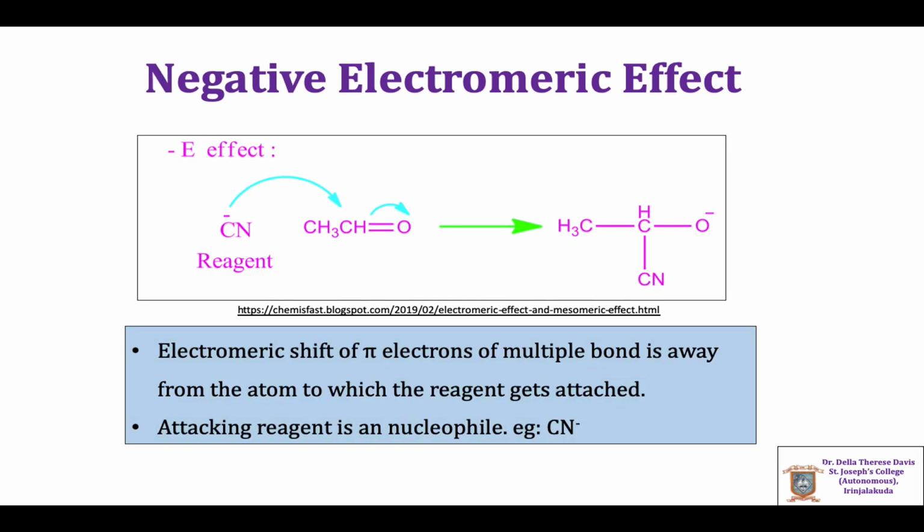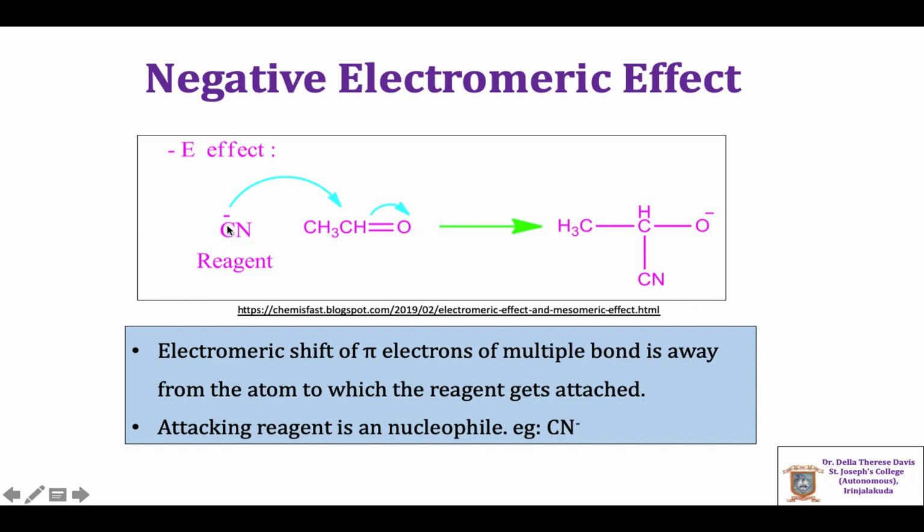Next is negative electromeric effect. In negative electromeric effect, the electromeric shift of the pi electrons of the multiple bond is away from the atom to which the reagent gets attached. This happens when the attacking reagent is a nucleophile. The addition of CN minus to a carbonyl bond is shown here: CN minus plus acetaldehyde giving a tetrahedral intermediate.